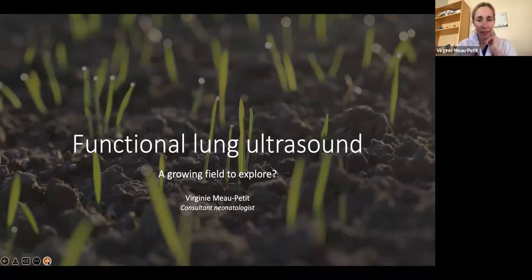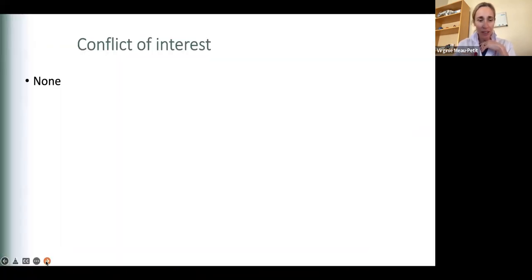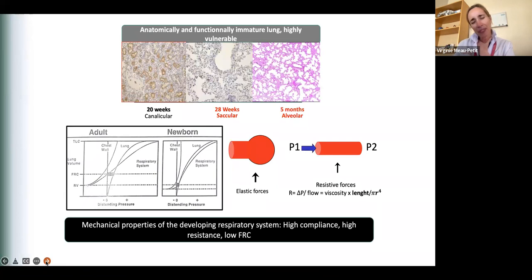Okay, so today I'm going to share with you some ideas, some new fields I think to explore, because I will not give you clues of how to use lung ultrasound functionally in intensive care, but just to open new areas of research and thinking. The first thing that helped me a lot is to understand lung ultrasound based on the physiology and the development.